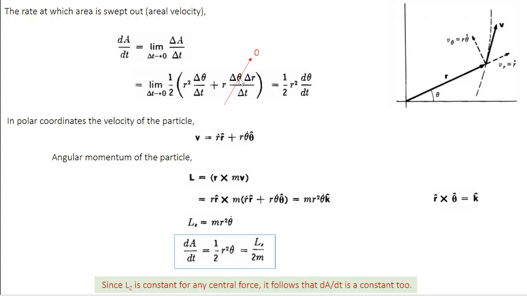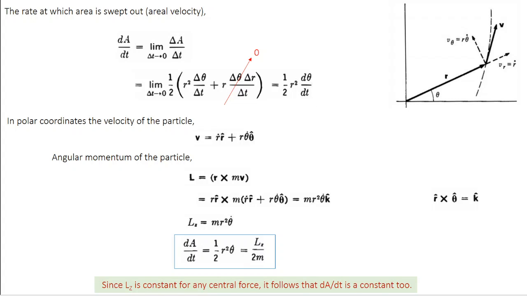For all practical purposes, I can approximate it to 0, which means dA by dt now becomes limit delta t tends to 0 of half r square delta theta by delta t. Now limit delta t tends to 0 of delta theta by delta t is nothing but d theta by dt. So my areal velocity dA by dt is nothing but half r square d theta by dt.